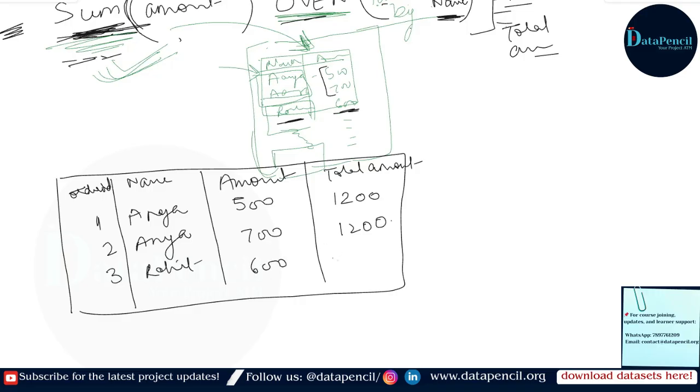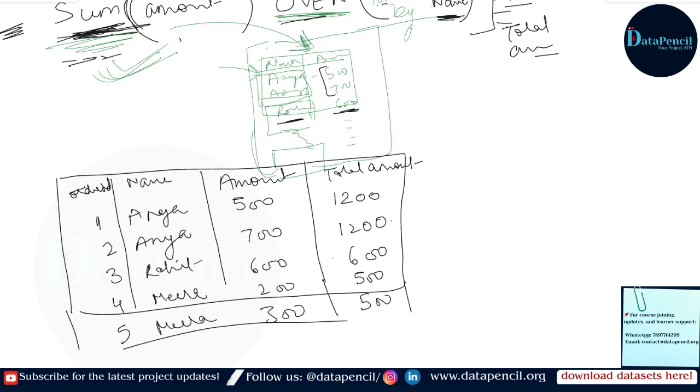Then we will check his total order amount. If we can see here, he has placed only one order, so the total amount is 600 only. Then suppose there is another girl named Meera. She has placed two orders, one of 200, another of 300. So here the total amount will be 500. This will be our output table that we will see.